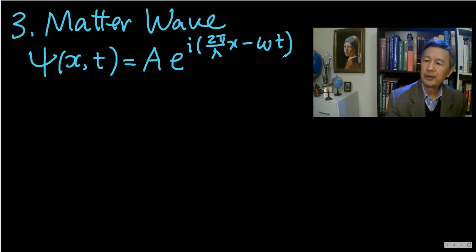Of course, both lambda and omega are wave properties, which is exactly what de Broglie had proposed, that the matter wave could be associated with electrons.